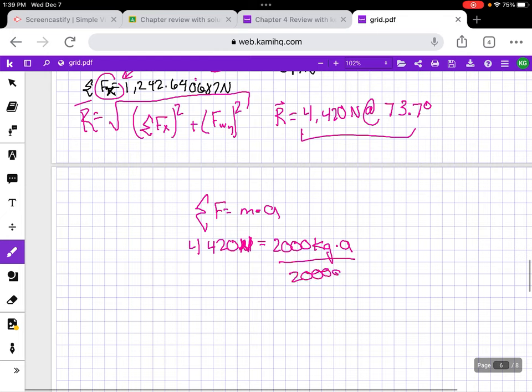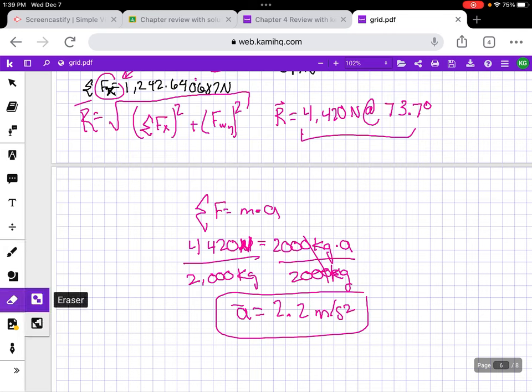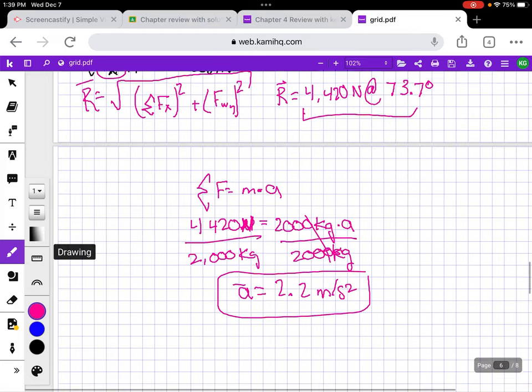Alright, so we get 4,420 divided by 2,000, 2.21 meters per second squared. And the answer key says 2.2, so I'm going to go back and check to see, oh, crud buckets. Yeah, they gave you the mass in 2 sig figs, so that's why it's 2.2. Bingo. That was the answer to 39.